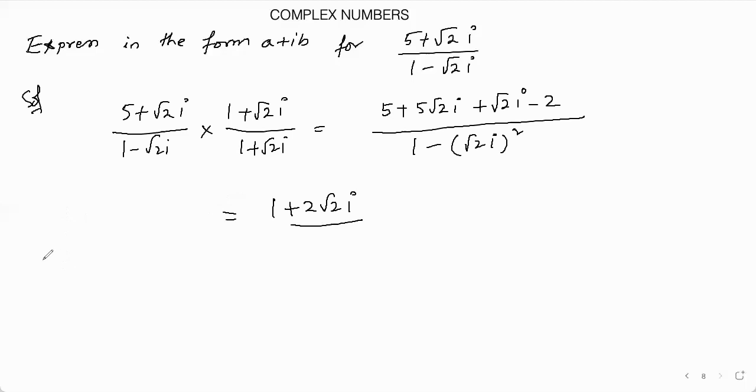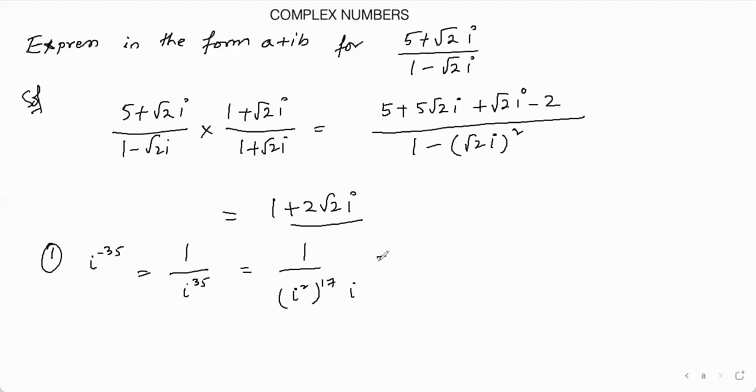Also, let us find i to the power of minus 35. This is 1 by i to the power of 35. And we know that i square to the power of 17, because 17 into 2 is 34, and i is still left, so that will be 35.